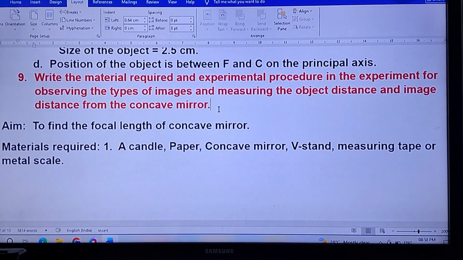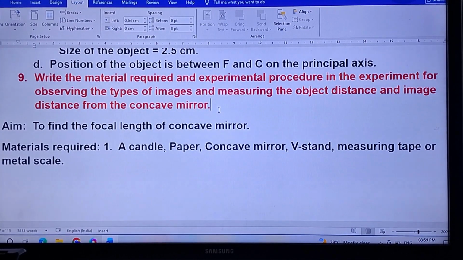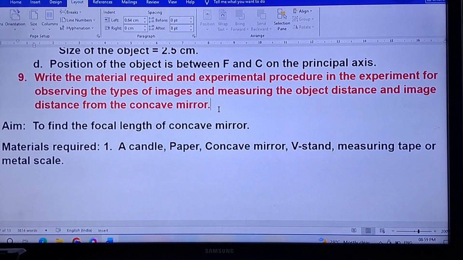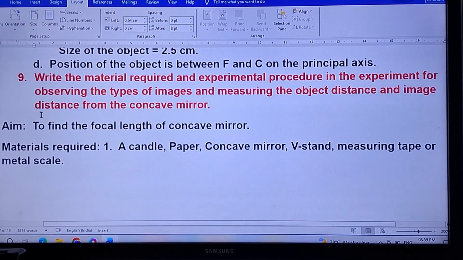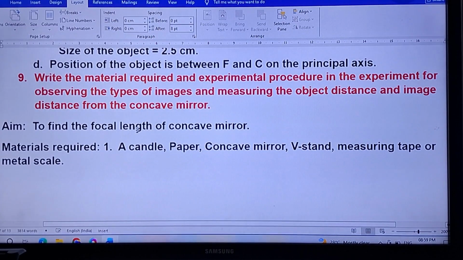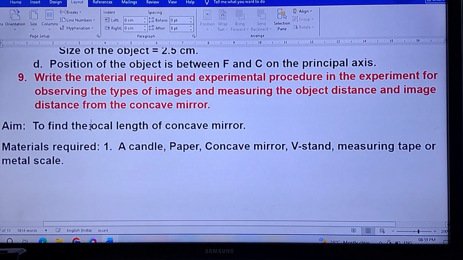For conducting this experiment, you have to write the materials required, and also you need to write the experimental procedure. So what is the aim, children? Here, sorry, we cannot write focal length. Object distance and image distance we have to write.